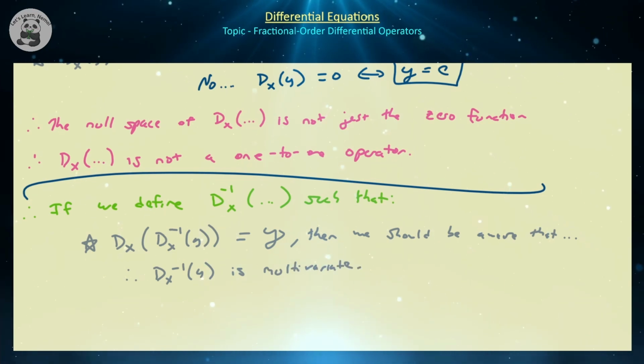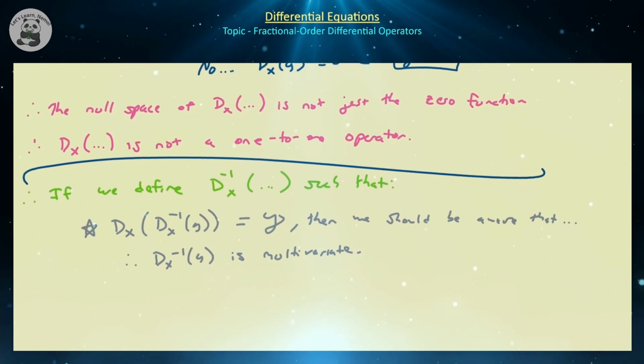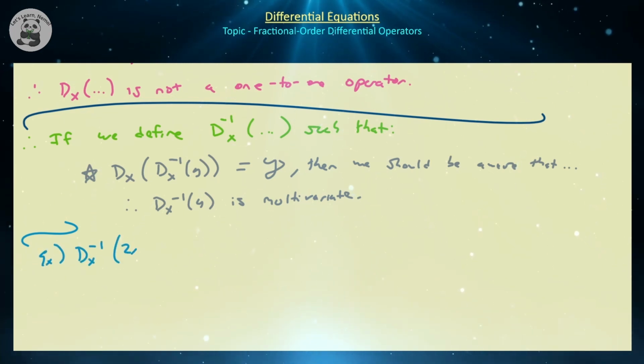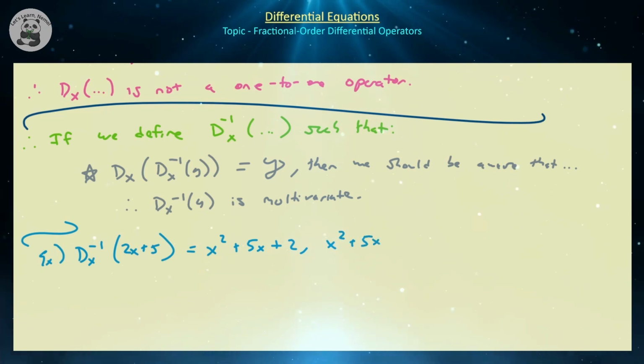Right? So if we just define, for example, the inverse derivative in the typical way, in particular like antiderivatives and indefinite integrals, for example, dx inverse of 2x plus 5, then we would like this to be hopefully x squared plus 5x plus 2, x squared plus 5x plus 3, and several other answers could be the answers to this question, right?